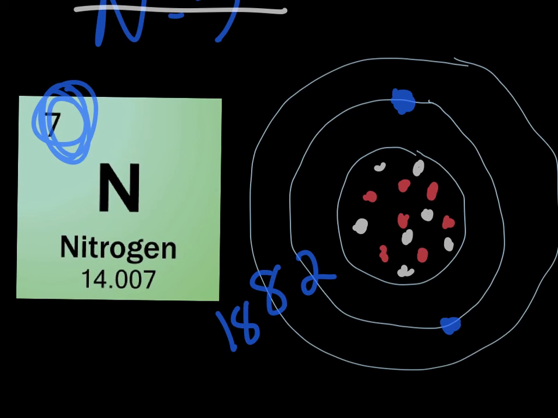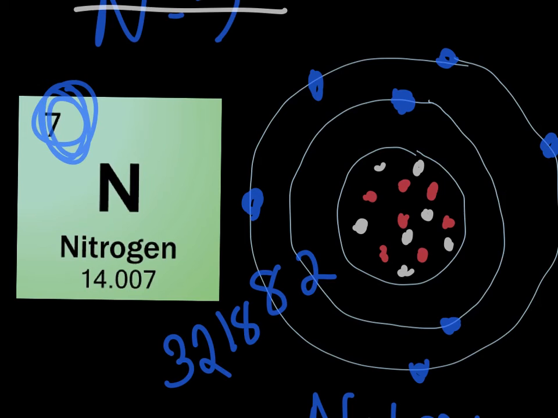The third shell can hold 18, and the last one can hold 32. So I have 2, and I still need 5 more: 1, 2, 3, 4, 5. And this would be considered a correct model for a nitrogen element because it includes my protons, neutrons, and electrons.